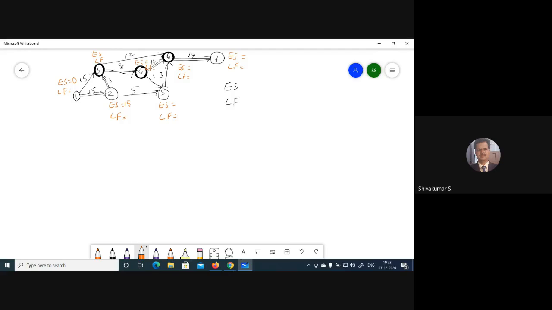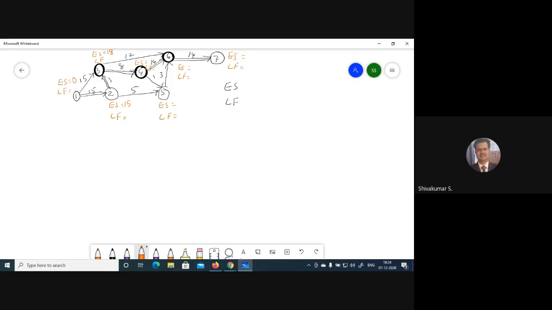Now event 3. If you go by route 1 to 3, it is 15 weeks. But unless event 2 gets over, 3 can't start, because there is a relationship between these two events. So 15 plus 3 is 18, the earliest start time for event 3.